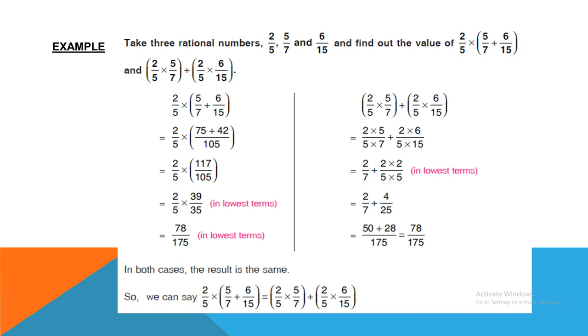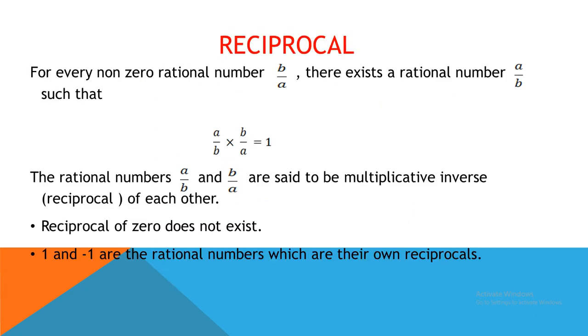Next we have to learn how we divide rational numbers and what are the properties of division of rational numbers. Before going to that concept, first we will understand reciprocal. What we mean by reciprocal? Reciprocal means for every non-zero rational number, numerator can't be 0, if you have a by b, any rational number, there exists a rational number b by a such that their product is 1.